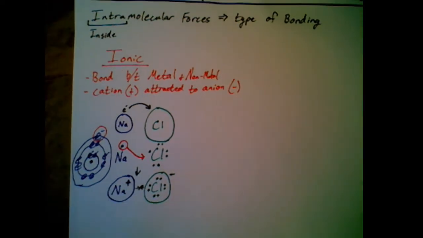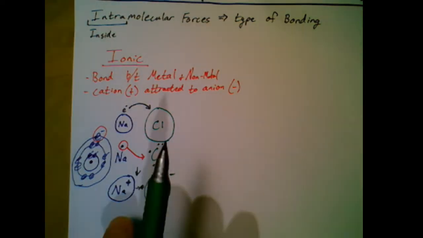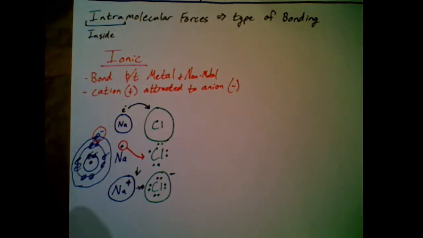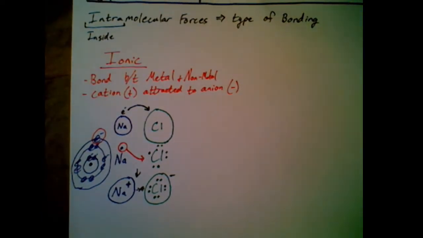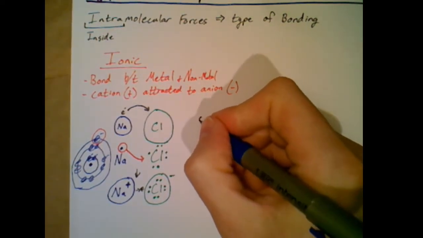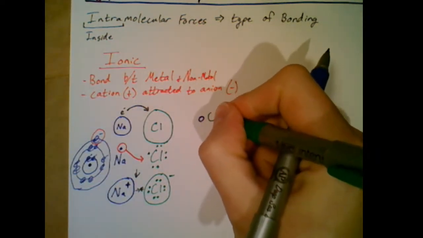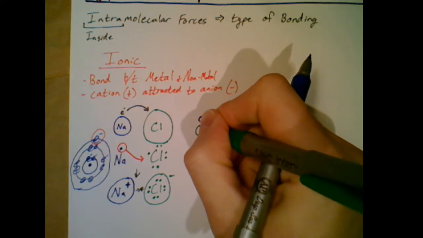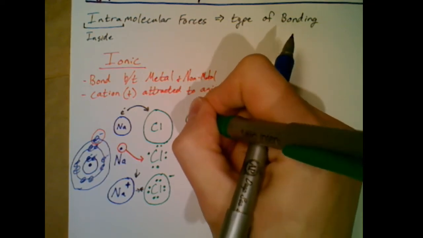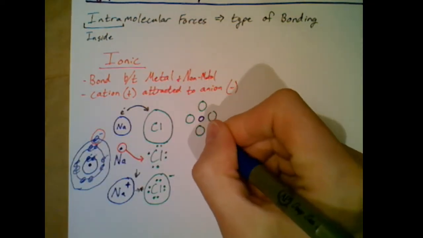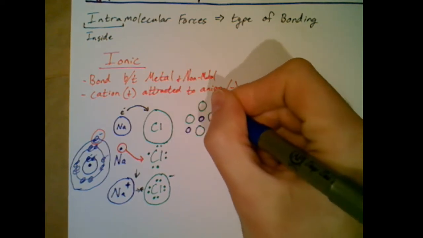In an actual ionic compound, you don't just have one sodium sticking to one chlorine. Instead, you have a sodium stuck to a chlorine, but there's also another chlorine nearby, and another chlorine nearby, and another chlorine nearby. And then there's sodium filling all those other gaps.